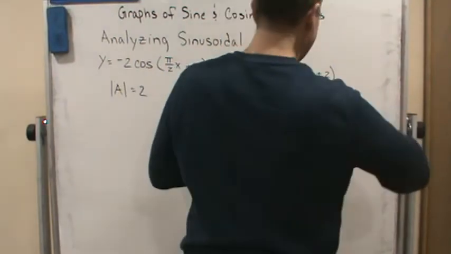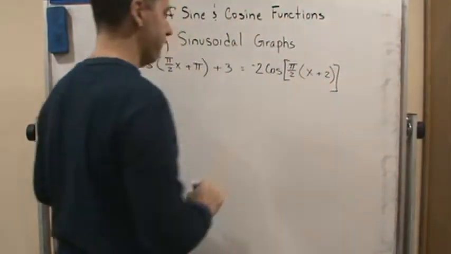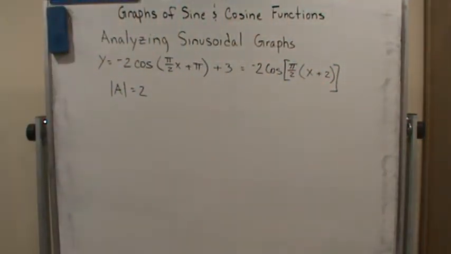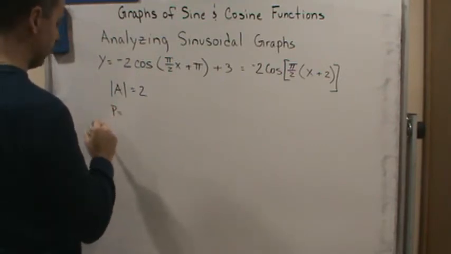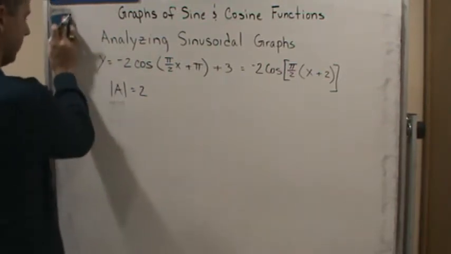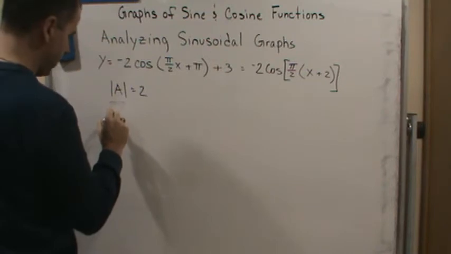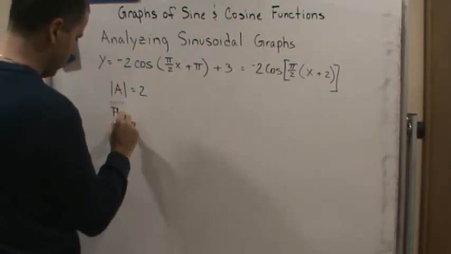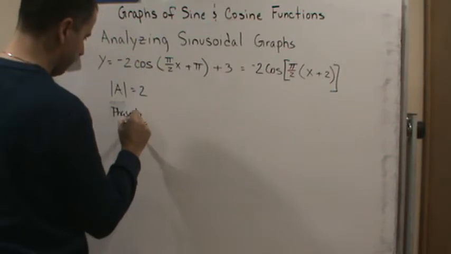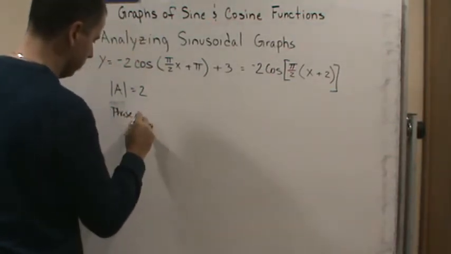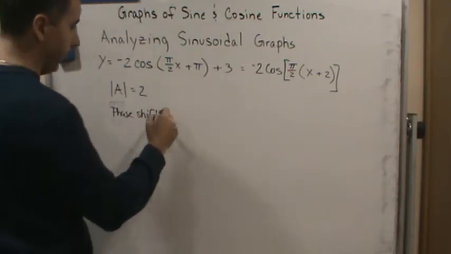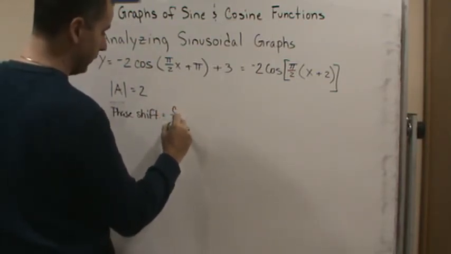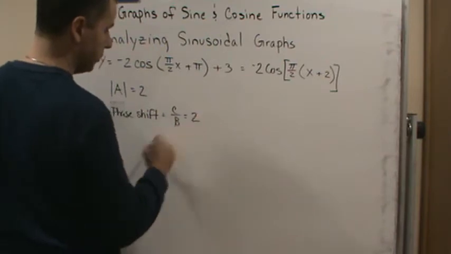And so I can see that the phase shift is 2. So the period, oh, we haven't done the period yet, but let's do the phase. So we know the phase shift equals C over B, which equals 2.